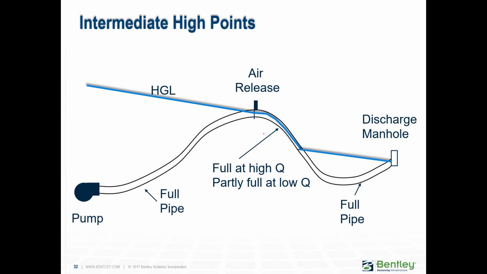Because an air release stops the siphon from happening. So if you do put an air release, then you see basically the hydraulic grade line shows this break, and it would be more accurately representing what you'd have in the system. If you have a high flow, then your pipe is going to be full. But if you have low flows, then your pipe is going to be partially full.